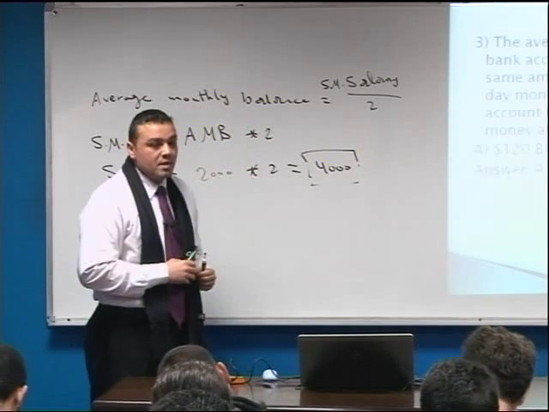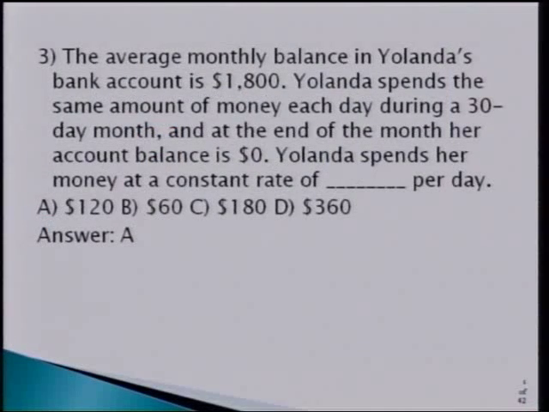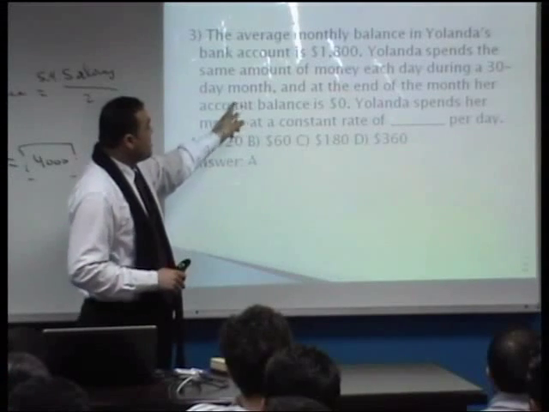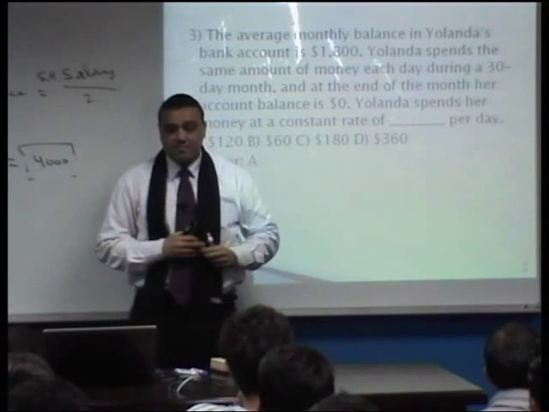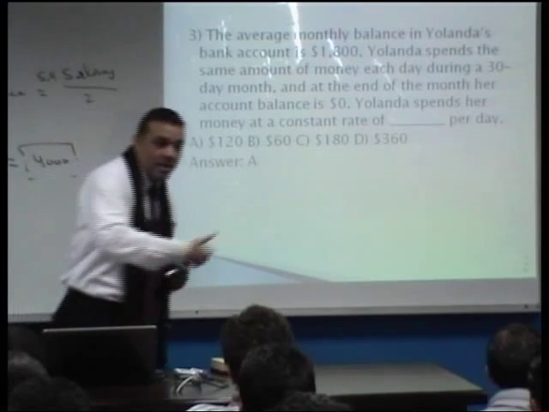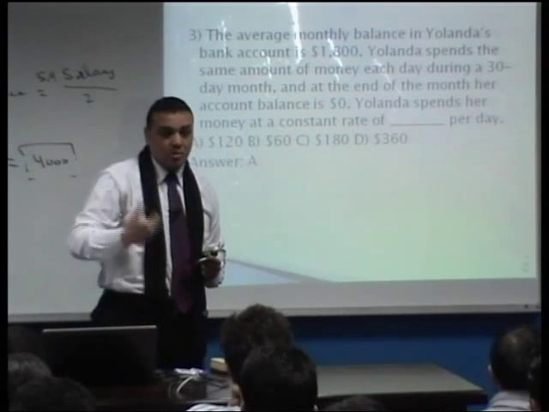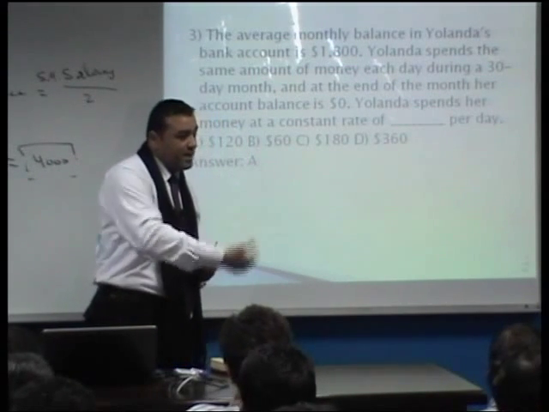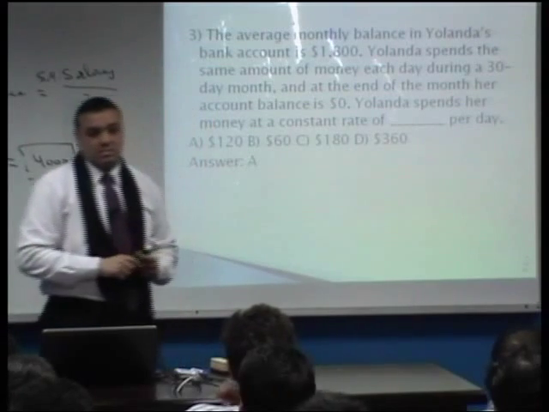Here the average monthly balance for Yolanda's account is $1,800. Okay? And Yolanda spends the same amount of money each day during the 30 days of the month. Her spending is equal throughout the month, meaning daily she spends the same amount.